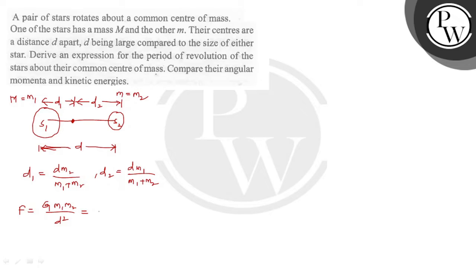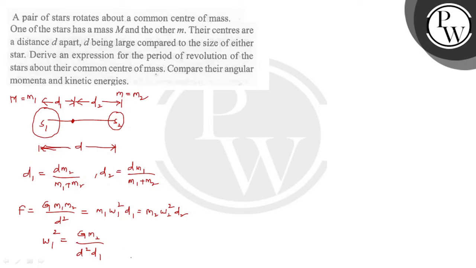So therefore m1 omega 1 square d1, I am sorry, d1, equals m2 omega 2 square d2. So omega 1 square is equal to G m2 by d square d1.